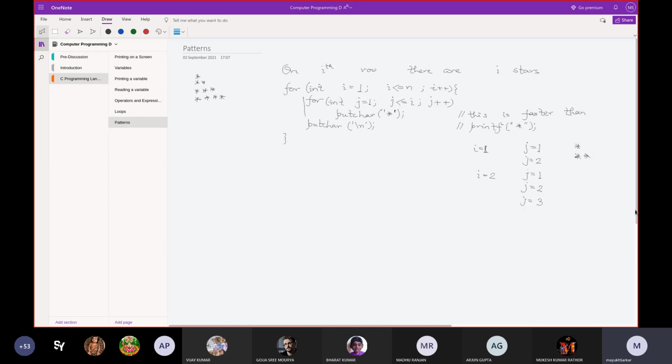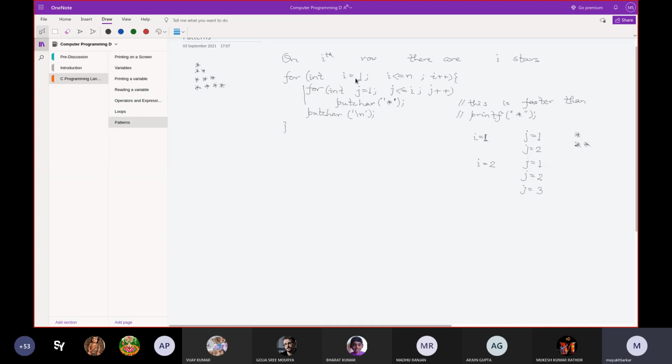In fact, if you observe, always, if you run a loop from 1 to less than or equal to n, that means this loop is going to run n number of times. And when you run a loop with j less than or equal to i, that means this loop is going to run i number of times.